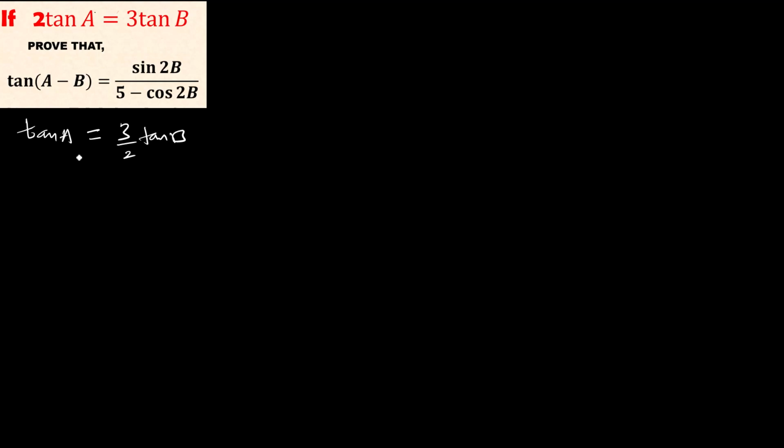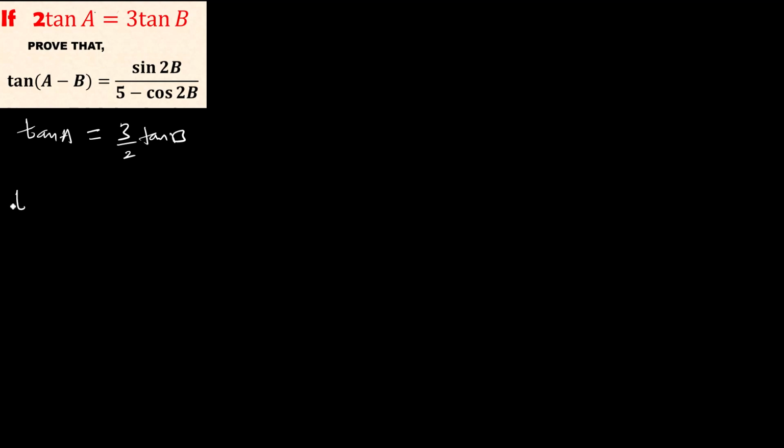Okay, now let's focus on tan(A − B). We know tan(A − B) is an identity, so it's part of the compound angles, and I'll put the link of compound angles under this video so that you can understand.